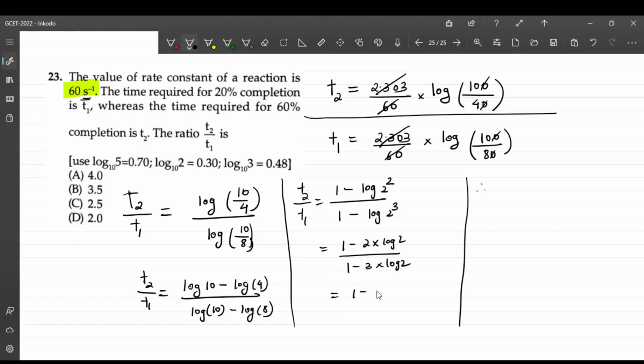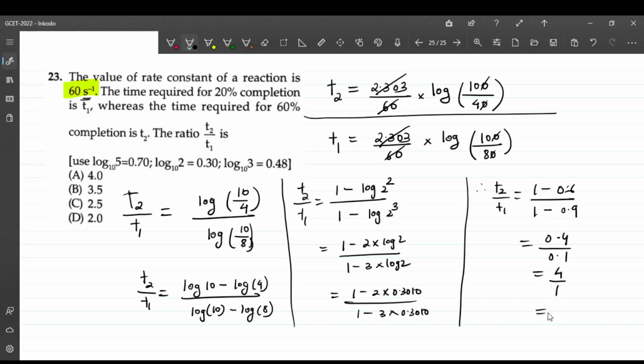So this is equal to 1 minus 2 log 2 divided by 1 minus 3 log 2. That is 1 minus 2 into 0.3010 divided by 1 minus 3 into 0.3010. Therefore T2 by T1 is 1 minus 0.6 divided by 1 minus 0.9. 1 minus 0.6 is 0.4, and 1 minus 0.9 is 0.1. This is equal to 4 by 1, which is 4. So the answer is 4.